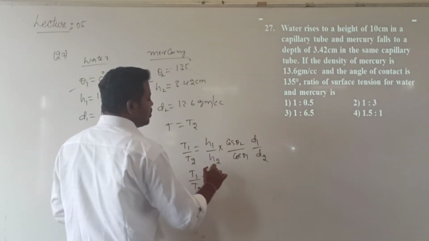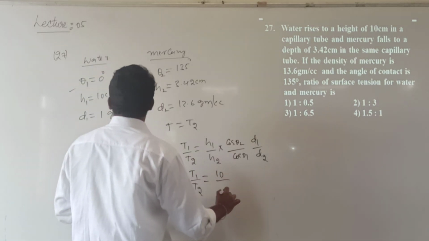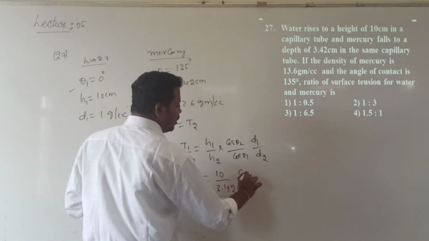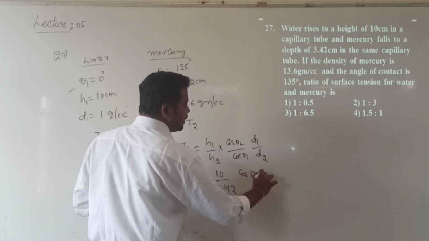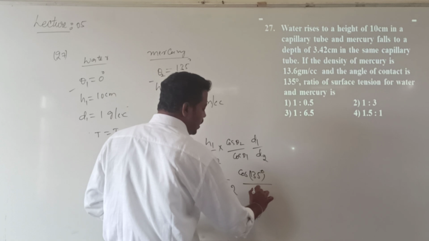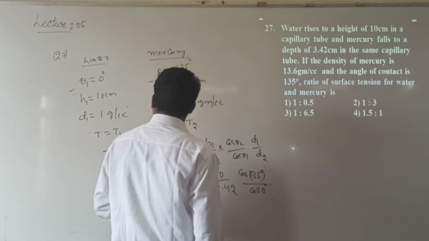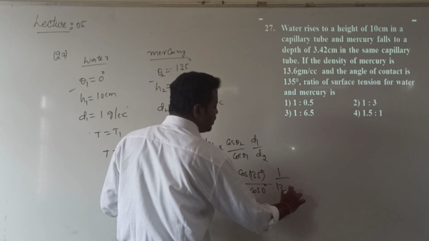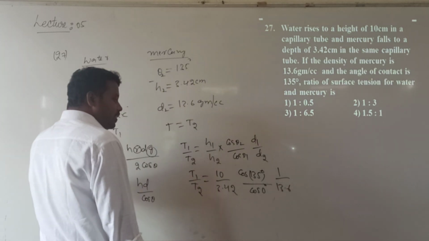h1 is 10 and h2 is 3.42. Theta 2 is 135 degrees, so cos 135, by cos 0 degrees for theta 1. The density of water is given as 1 by 13.6. Simplify this and you will get the answer.